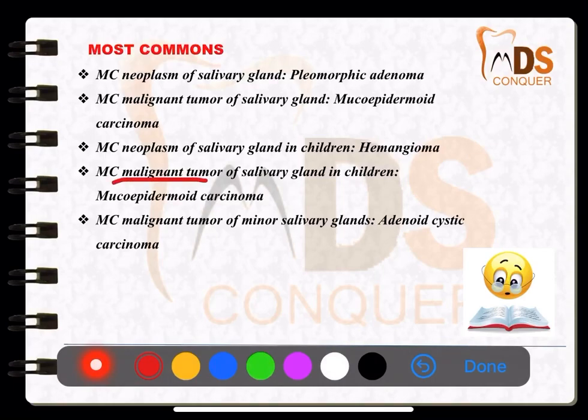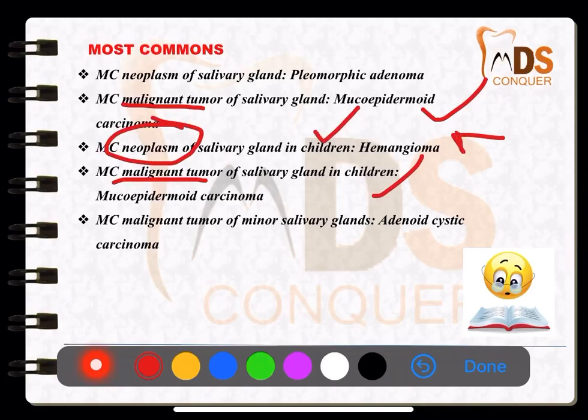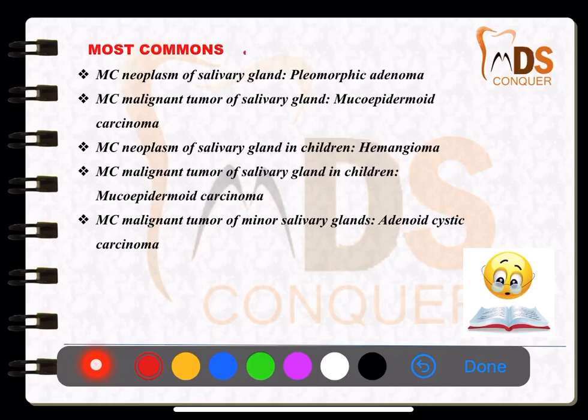And last but not the least, very important, the most common malignant tumor of the minor salivary glands is adenoid cystic carcinoma. These most commons are very important, students. Do make a note of it.